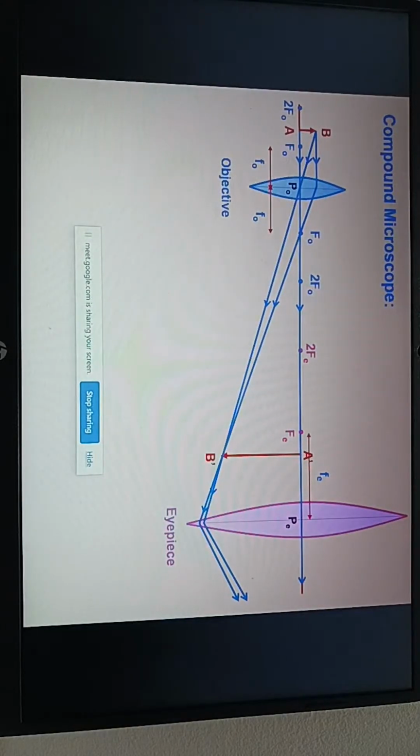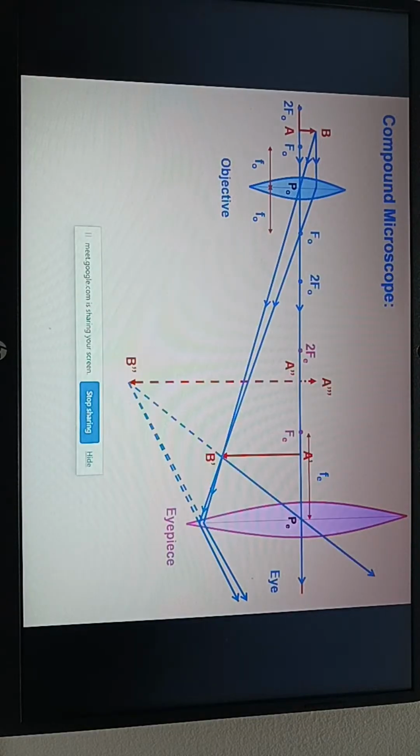This is the real image. A B is object, A dash B dash is real image. That real image again produces a high image at this.